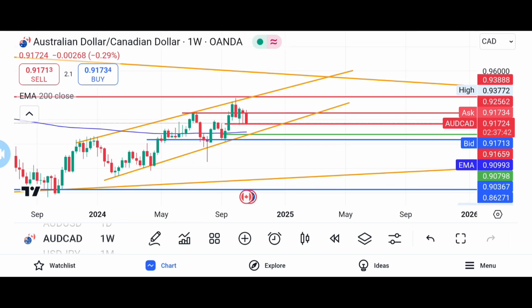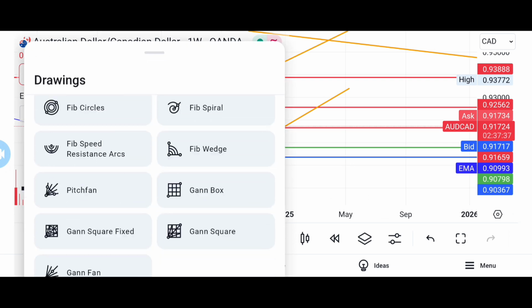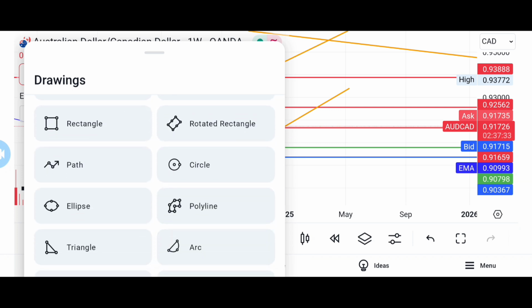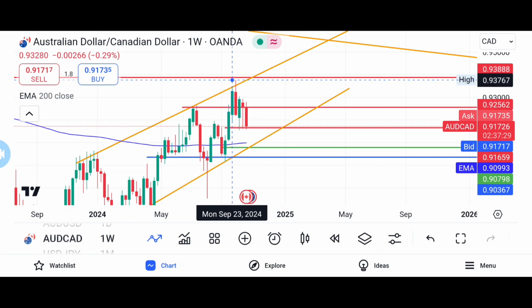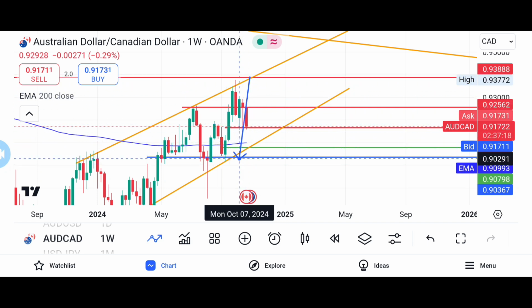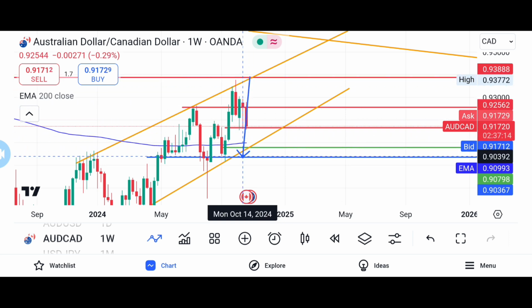So that is our current high and our current support. This is our current support, and this is our current high, or resistance, if you choose to say that. So we are now in this range.